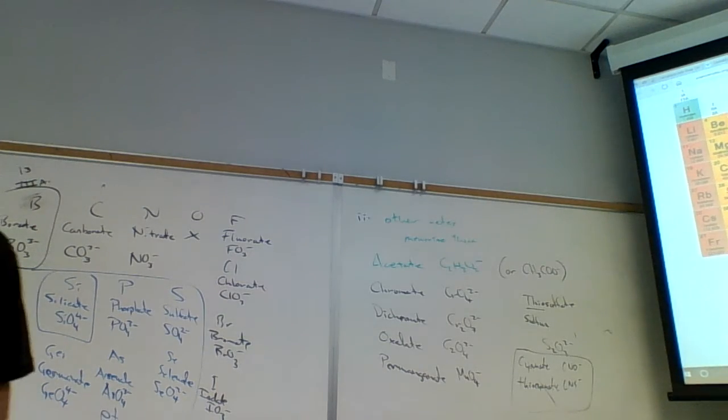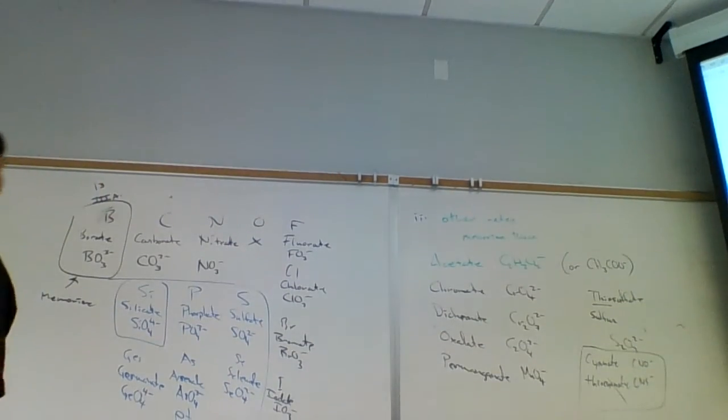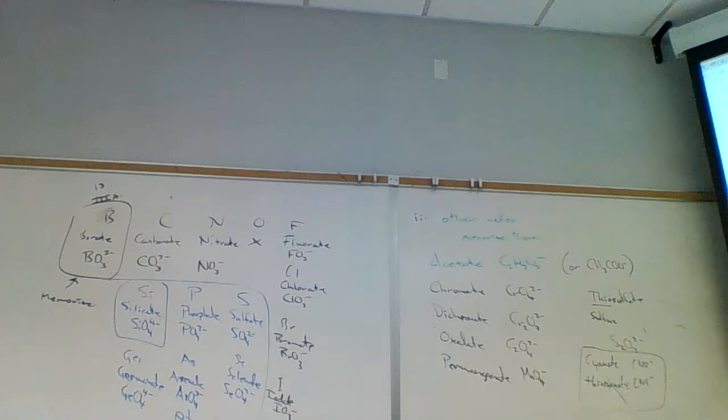Now, we've just saved ourselves a lot of memorization because we have something called the ites, the polyatomic ites. The ites are one less oxygen than the ates, same charge.